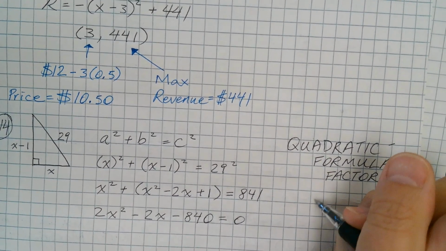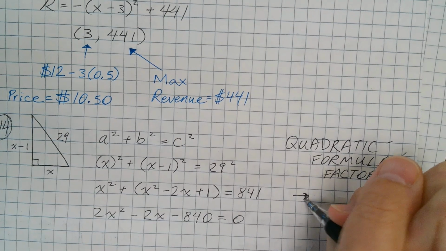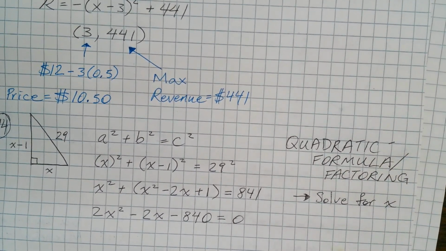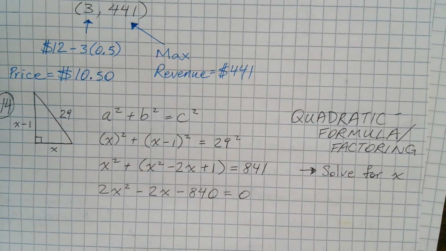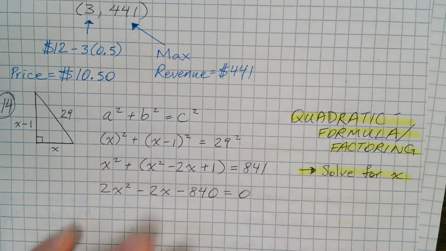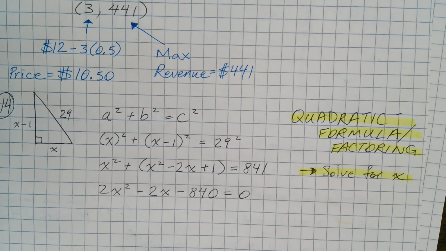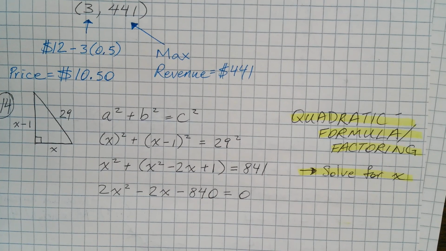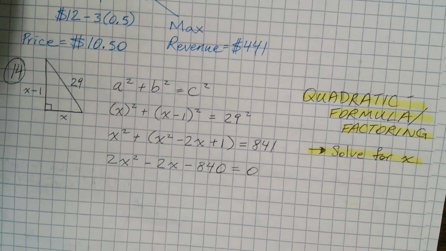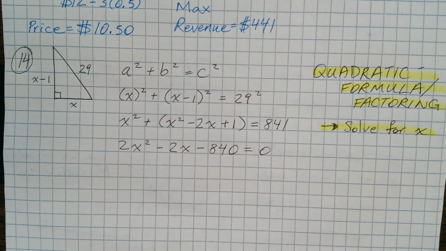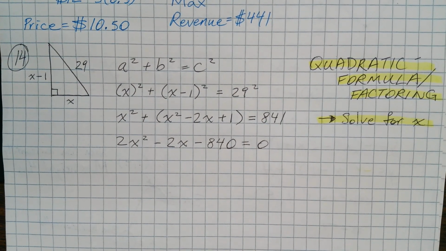When you're solving for x. Okay. So remember, we know how to do it two different ways. We can either do quadratic formula, or if it's factorable, we can do it by factoring as well. I'll show using the factoring way.